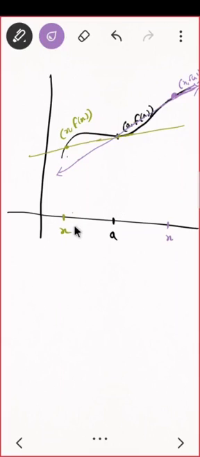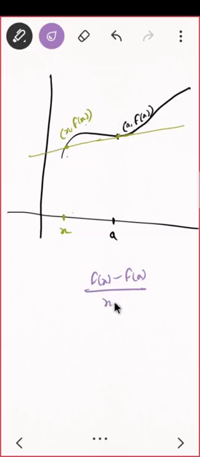Okay, I'm considering only this one, so forget about this guy. Now you are having 2 points on the graph. What are the 2 points? x comma f of x, a comma f of a. Can you find slope between them? What is slope? f of x minus f of a upon x minus a, correct?